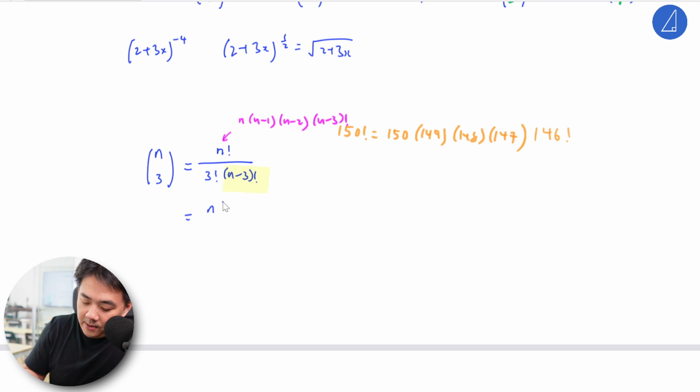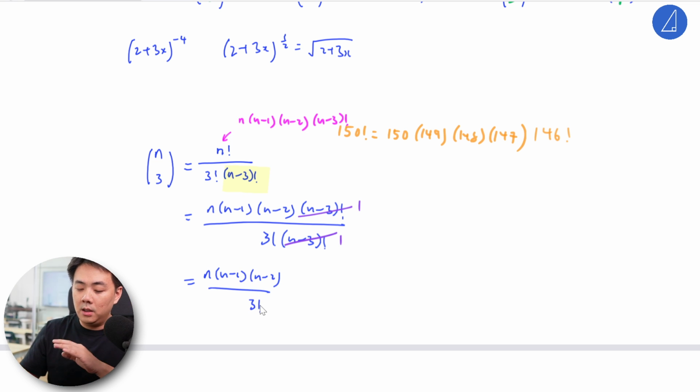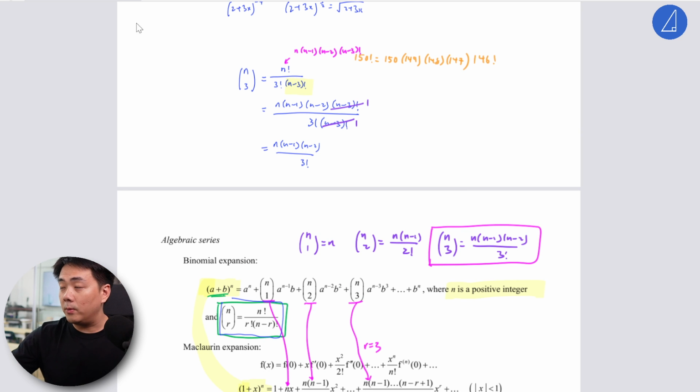So this will be n, n minus 1, n minus 2, n minus 3 factorial over 3 factorial times n minus 3 factorial. When you cancel this out, you get the formula: n, n minus 1, n minus 2, over 3 factorial. So this is how you essentially derive your secondary school formula.